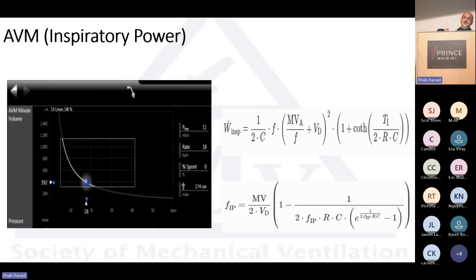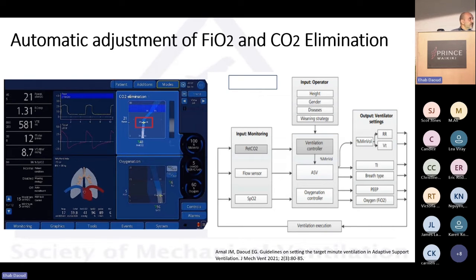So the ventilator determines the combination of the respiratory rate and tidal volume just based on a different equation. All right, and the one that's not approved in the US yet is basically an ASV, but with some automation of the FiO2 and the CO2 elimination. So it's kind of ASV on steroids a little bit.